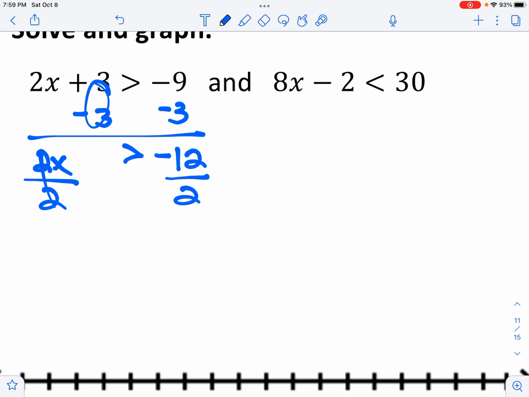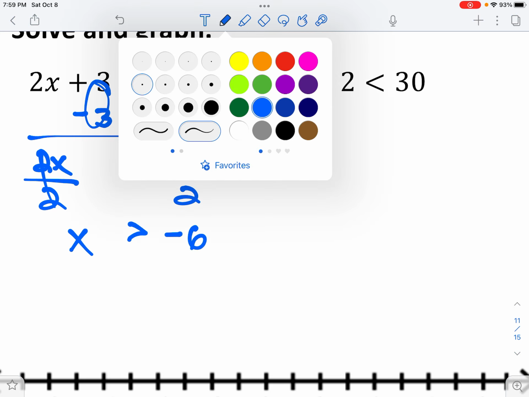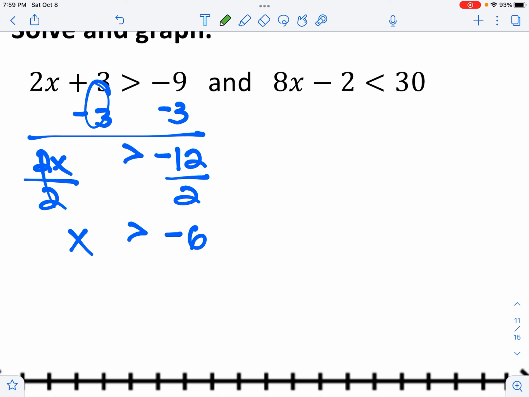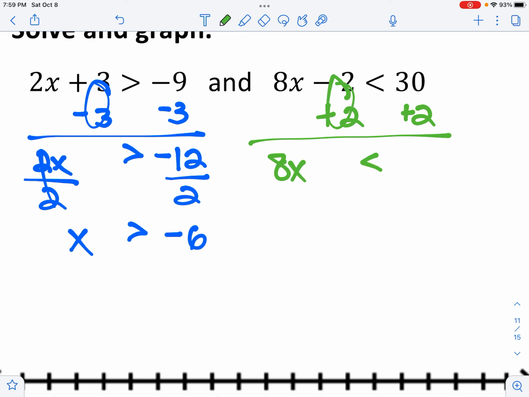We're dividing by a positive 2, so we're going to keep this. All right. And then we're going to go over here. Okay, add 2 to both sides, we get this. 8x is less than 32. We're going to divide by 8. Okay, so x is less than 4.